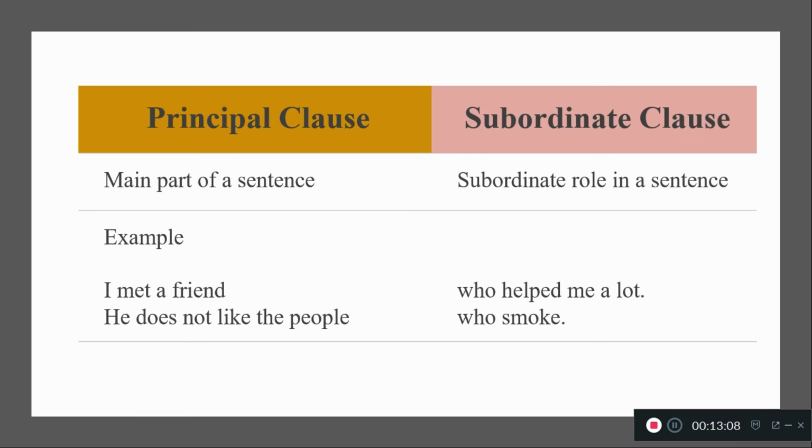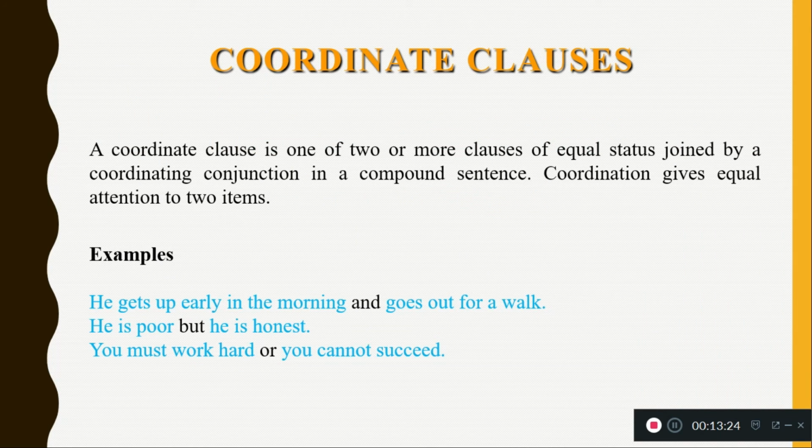I met a friend who helped me a lot. He does not like the people who smoke. In the first sentence, I met a friend is the principal clause and who helped me a lot is the subordinate clause. In the second sentence, he does not like the people is the principal clause and who smoke is the subordinate clause.